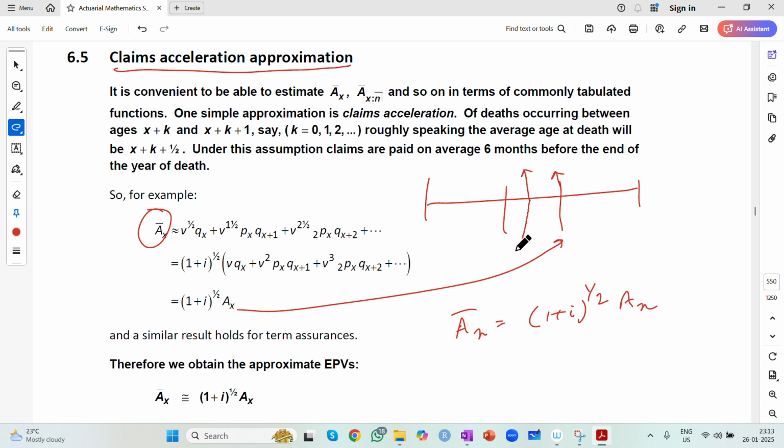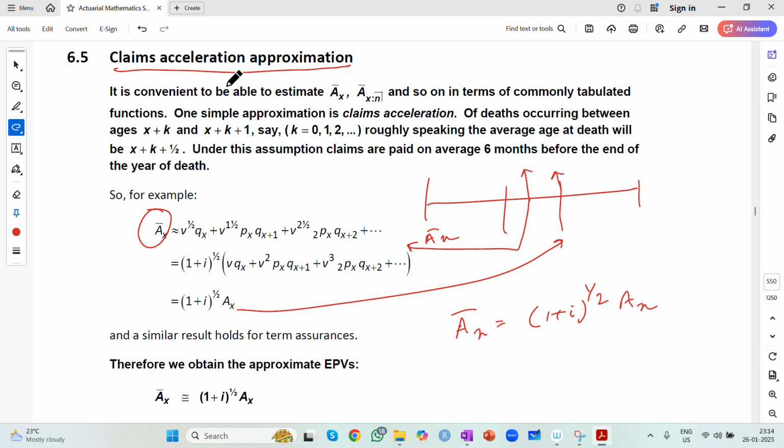The present value will be higher for this A bar x because this payment is done at the middle of the year, whereas the Ax payment is done at the end of that year.